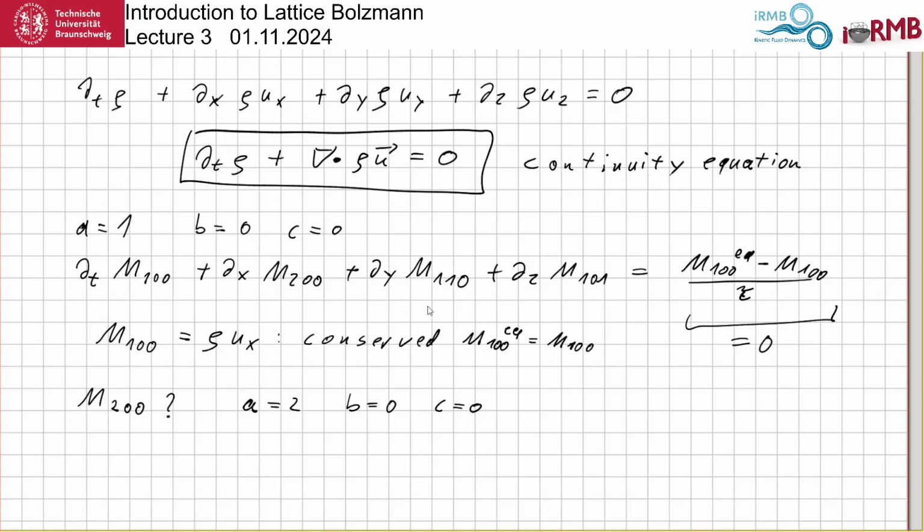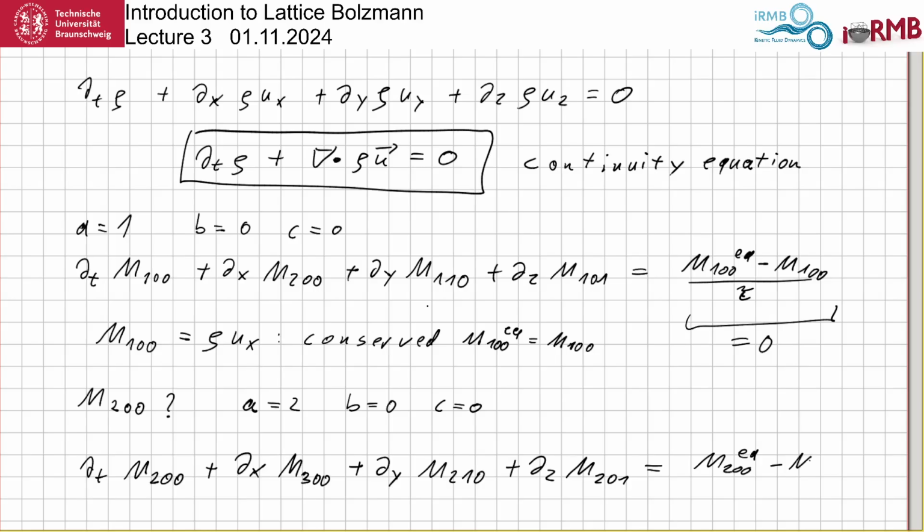And this way basically is dt M200 plus dx M300 plus dy M210 plus dz M201 being equal to M200 equilibrium minus M200 divided by tau.